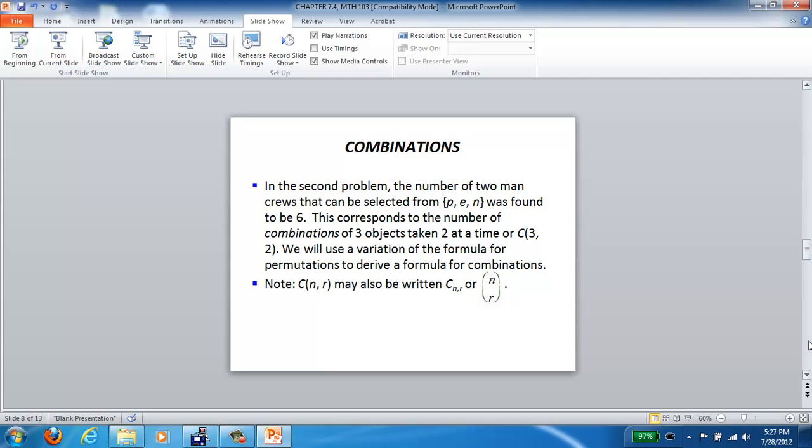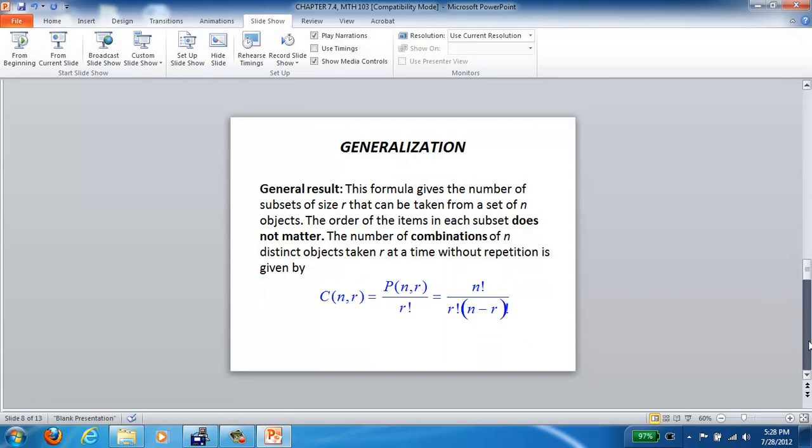Next, for combinations, from the word combination we use the letter C, and for permutation we use the letter P. So one more time, if we have to take the combinations of 3 objects taken 2 at a time, we use C(3, 2). And this is the formula: n factorial over r factorial times n minus r factorial.